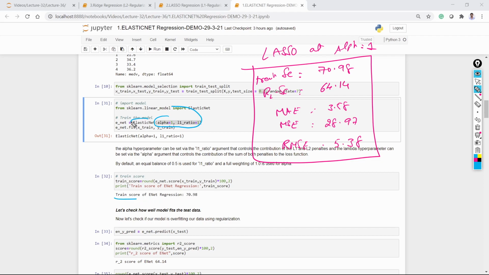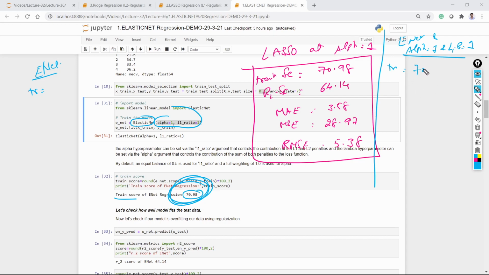When you apply the elastic net, the train score will be 70.98, at alpha is equal to 1 and L1 ratio 1. And the R2 score will be 64.14.